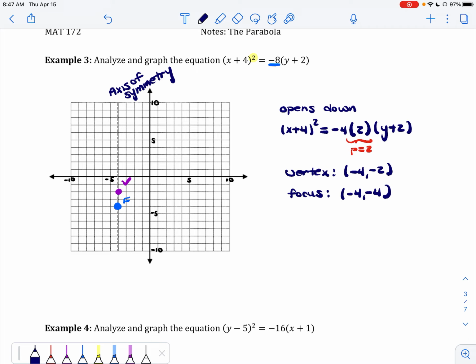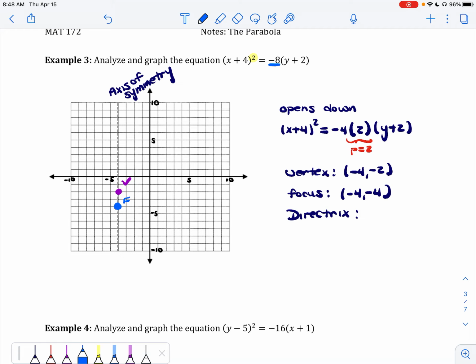All right, next we need the directrix line. That's just going to be in the opposite direction from the vertex. And remember, the directrix line is always perpendicular to the axis of symmetry. So since our axis of symmetry is a vertical line, the directrix line will be a horizontal line.